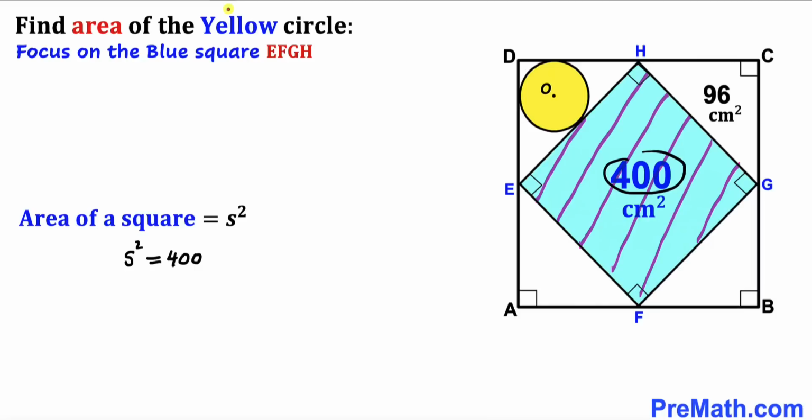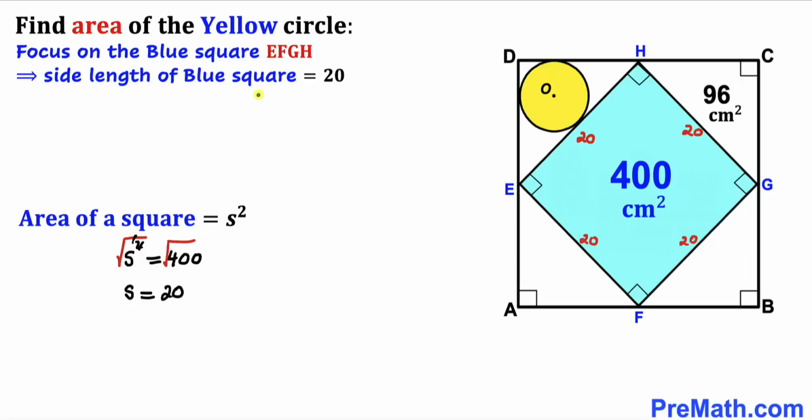Let's undo this square by taking the square root on both sides. So our side length S turns out to be positive 20. Thus, the side length of this blue square is 20 centimeters, as you can see across all four sides.